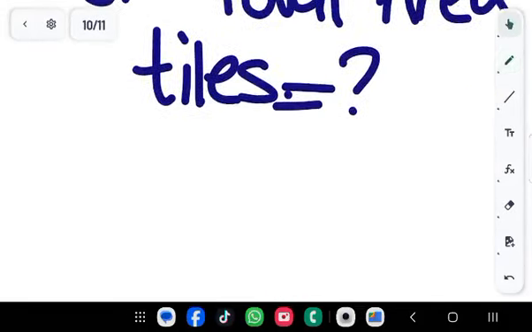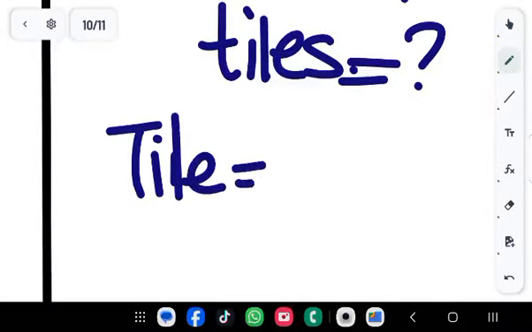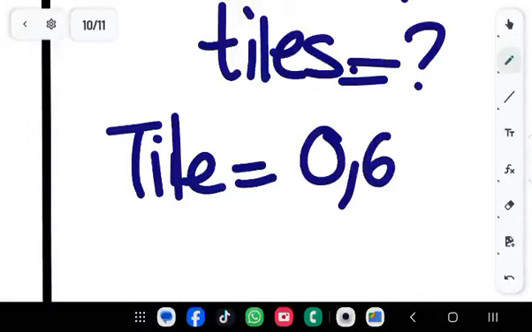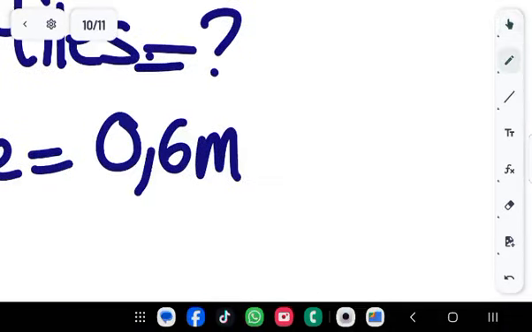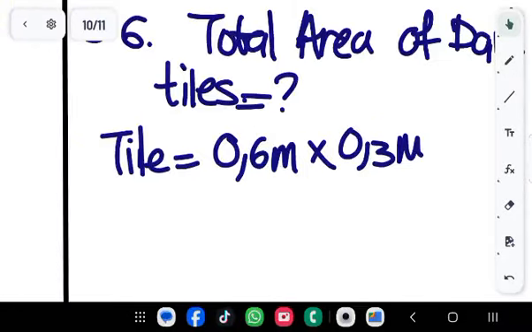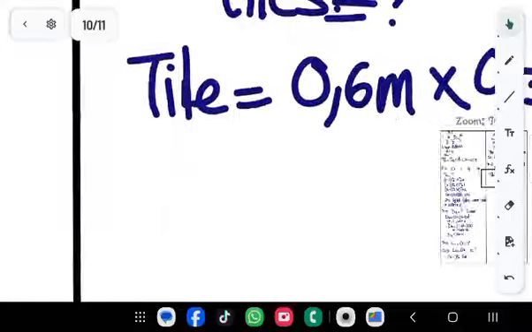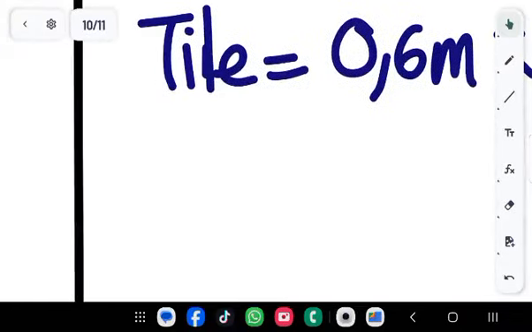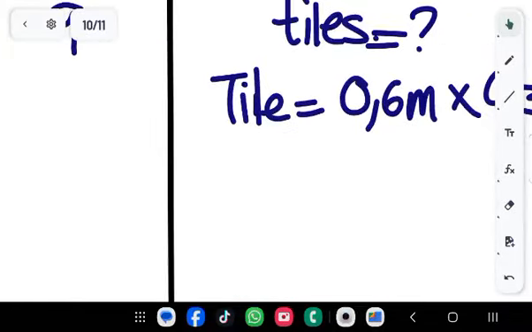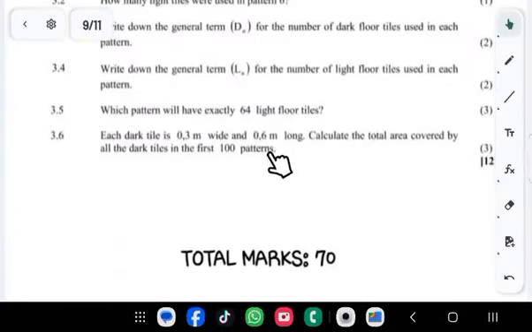That's what we're looking for. Each tile has an area of 0.6 meters times 0.3 meters. Let's figure out how many tiles cover 100 patterns.